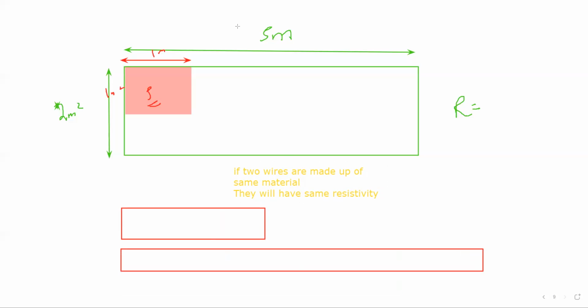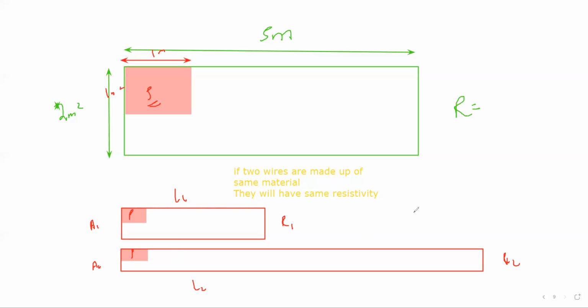Their resistances are different, say R1 and R2, their areas are A1 and A2, and their lengths are L1 and L2. But what is the same for both? Their resistivity will be the same, the resistance of wire of length 1 meter and area 1 meter square.